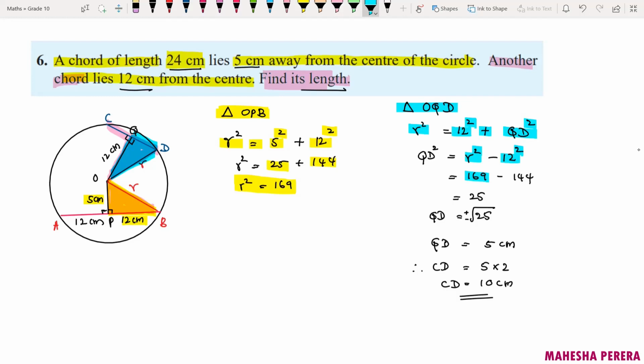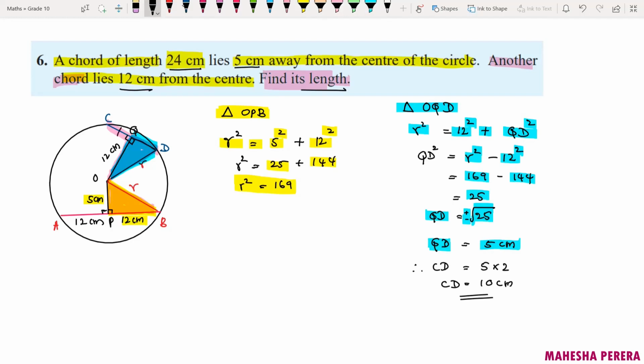So from 169, deduct 12 squared, that means 144. So we get 25. So QD should be plus or minus square root of 25, which is 5 centimeters. A length is a positive value. And if QD is 5 centimeters, now where is QD? Here.